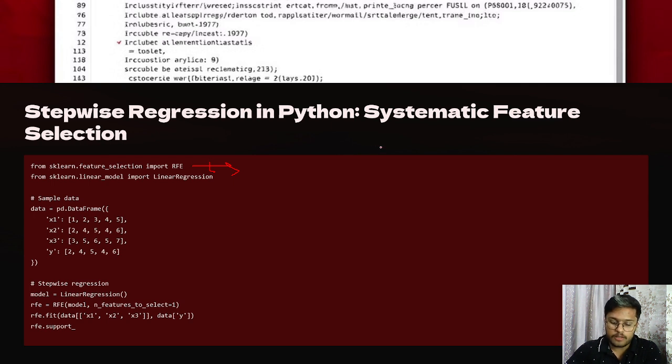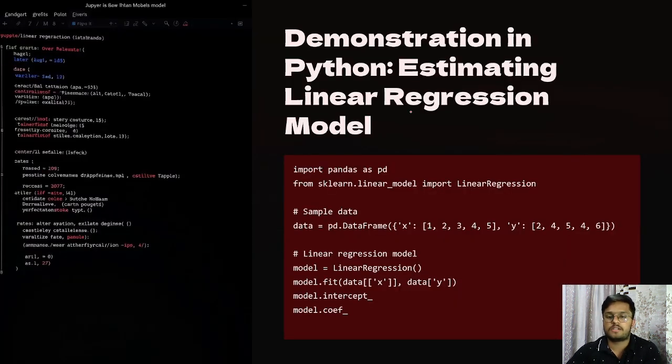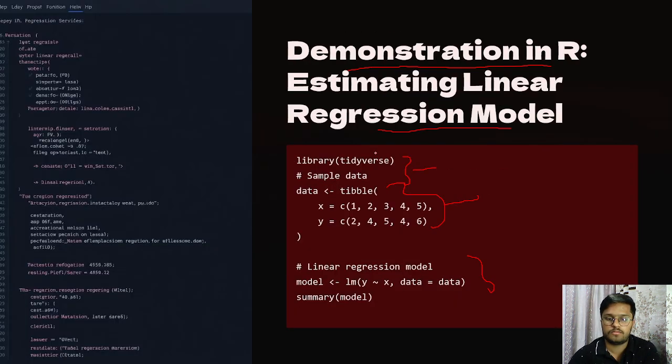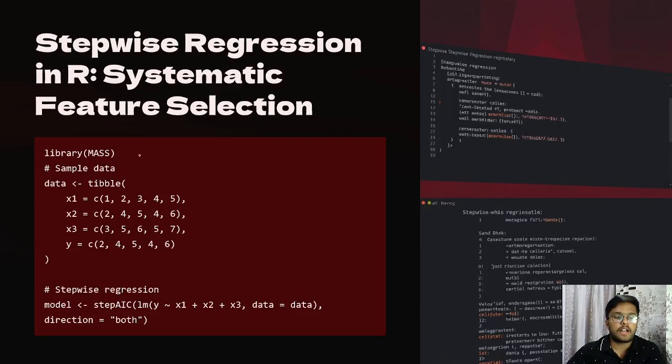Step 3, train the model with the selected features, where we are training a model with the selected features. Also in R, we are calling a library called MASS. We are creating data like this and then estimating a prediction.